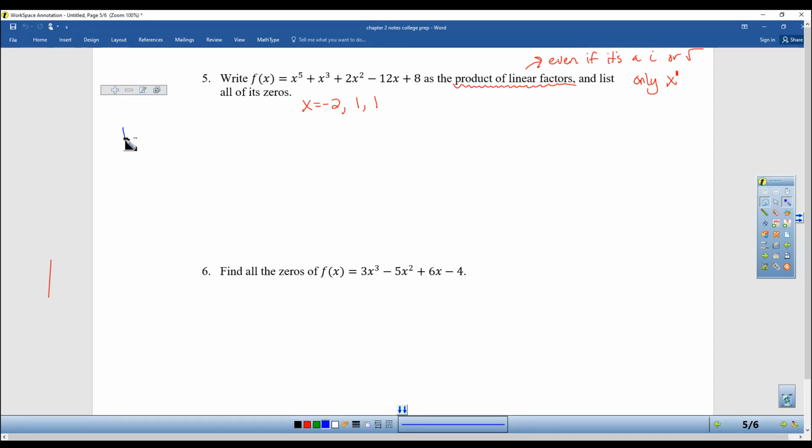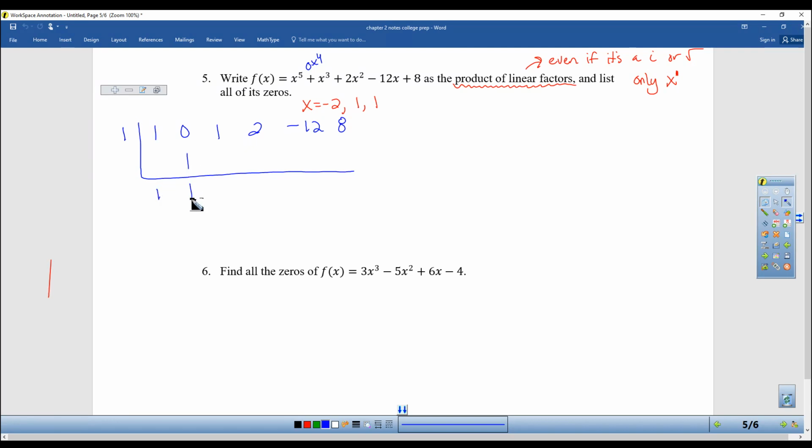So I'm going to start with a 1 because 1s are easier to plug in. Don't forget your 0. 0x to the fourth plus 1, not plus 1, just 1 for the x cubed, then 2, then negative 12, then 8.